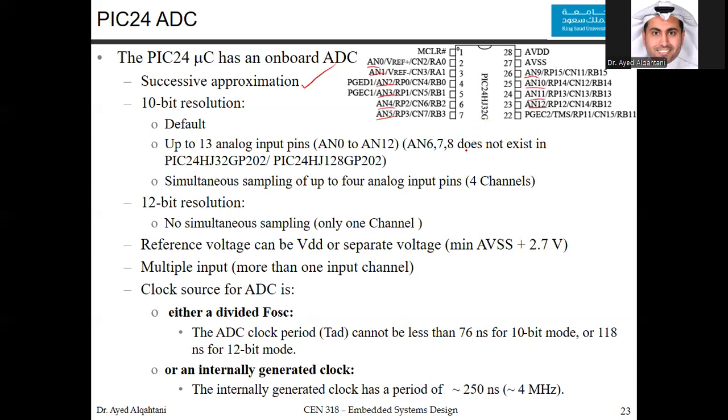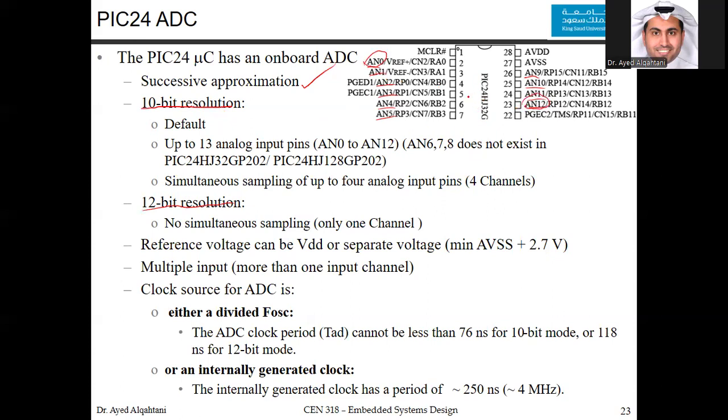G202 or GB202. So you have two resolutions here. Either you choose 10-bit resolution or 12-bit resolution. Now, if you choose 10-bit resolution, that's the default. You have up to 13 analog inputs, meaning starting from AN0 all the way to AN12.